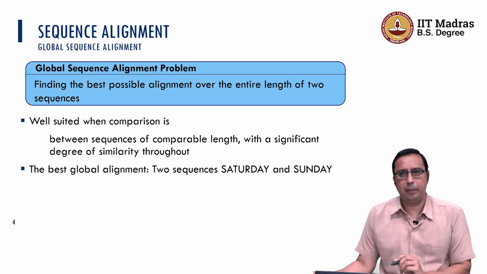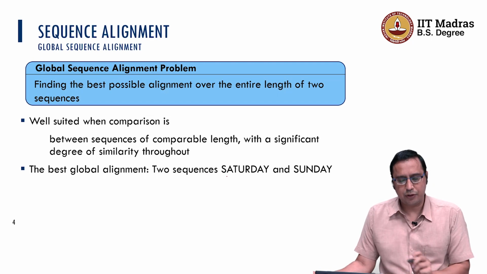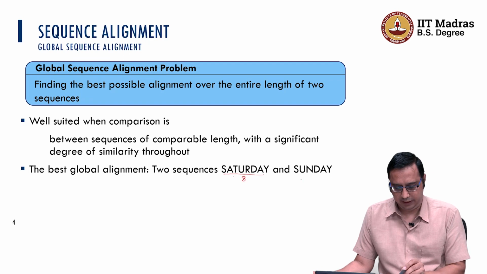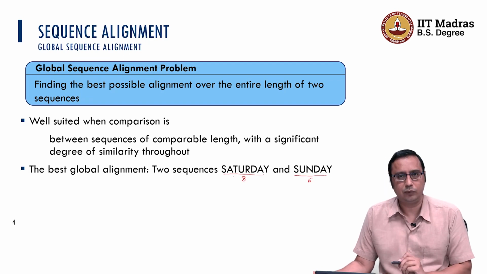Let's take a simple example of what we mean by global alignment. I have taken two sequences. The first one is the spelling Saturday and another one is the spelling Sunday. What I am looking for is the best alignment between Saturday and Sunday. Remember that both of them are not the same length. This one is length 8 and this one is length 6.